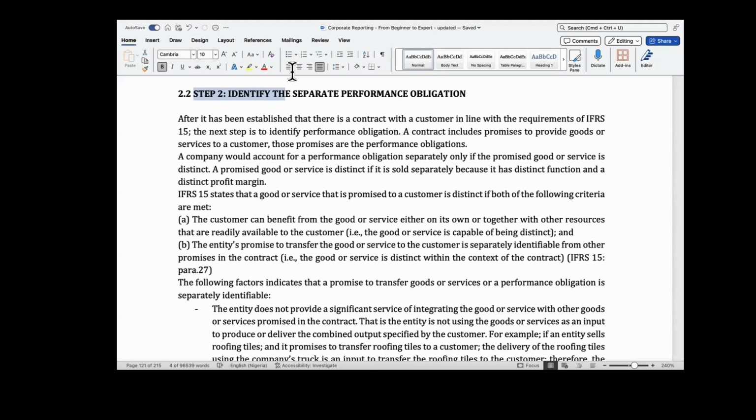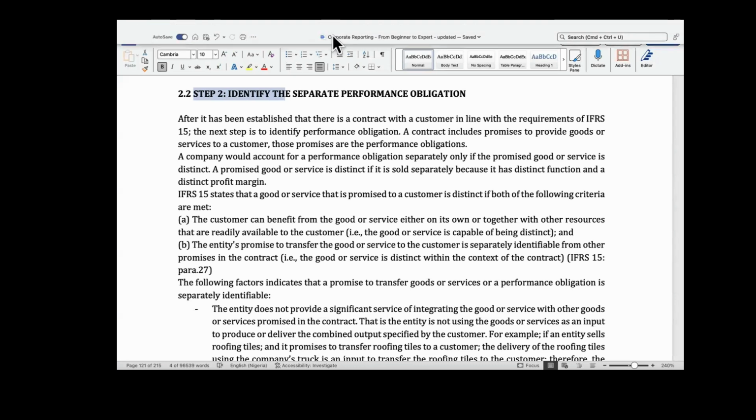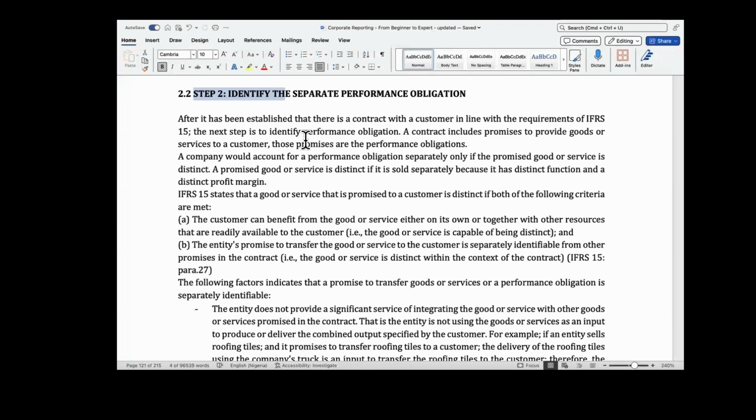A distinct function in the sense that the customer can benefit from it on his own. A distinct profit margin in the sense that it's separately identifiable, so you can know how much profit you are making on it. So it doesn't integrate with other goods or services. It doesn't modify other goods or services. And it's not highly dependent or highly interrelated with other goods or services. And that is all for step 2.